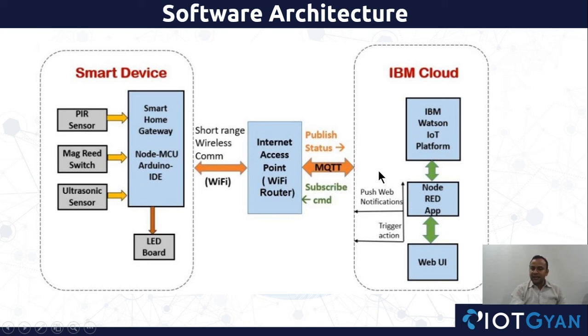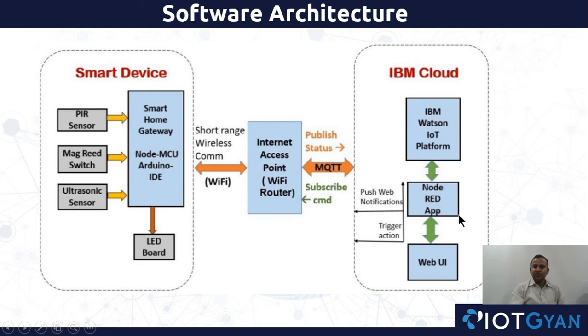I can switch on or off the AC before I reach home. Whenever I send information from the NodeMCU to the cloud, I'll be publishing the real-time status of all these sensors in this direction, and whenever I send a command back, the NodeMCU will subscribe to this command using the MQTT protocol. So the same thing can be done in the reverse way.